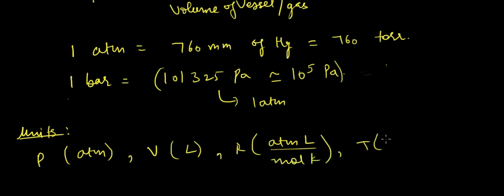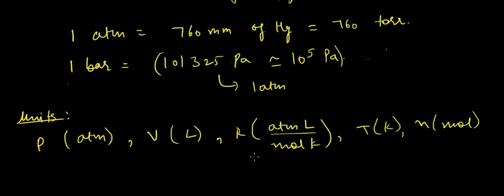For temperature it's Kelvin, and for n it is mole. We can calculate that the gas constant is 0.082 atm liter divided by mole Kelvin.